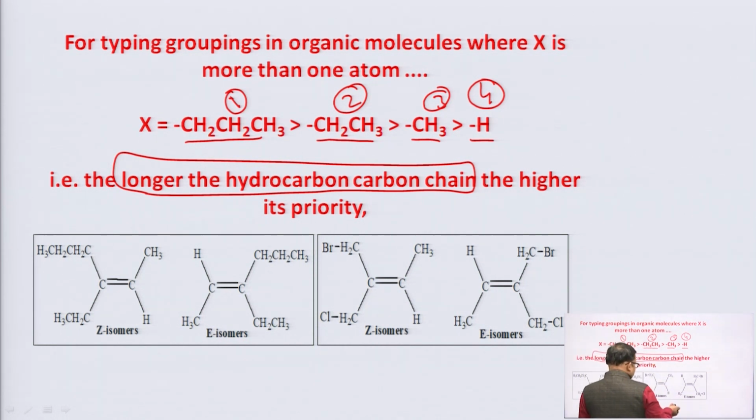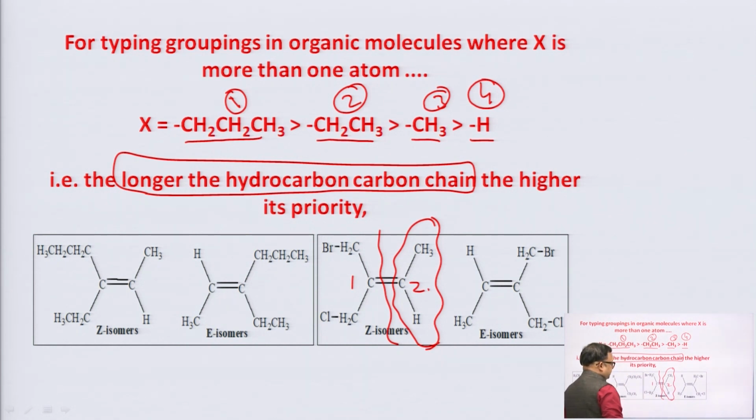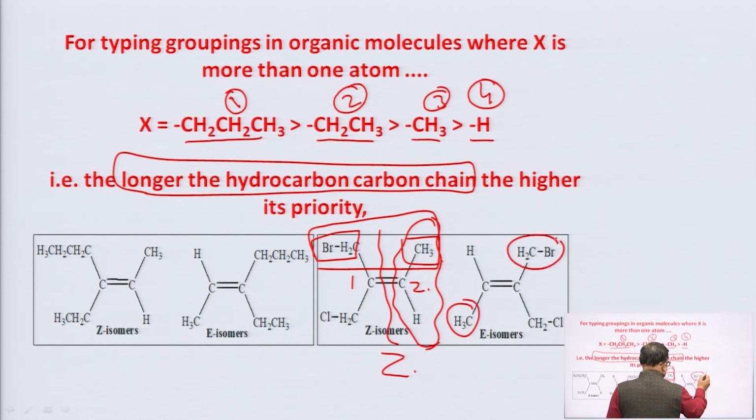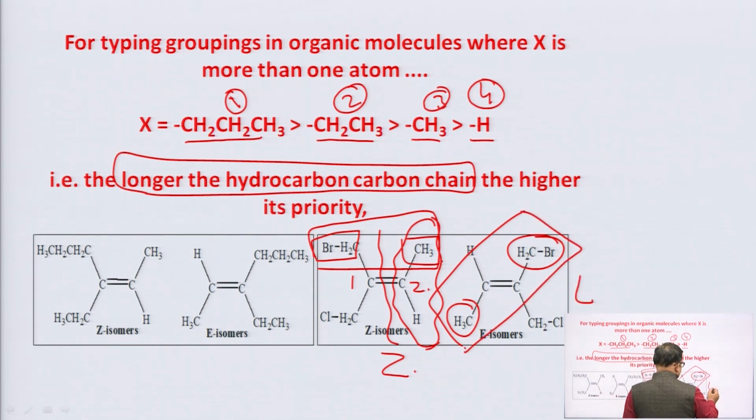See, this is an example here, designate these carbons 1 and 2. Observe this, methyl and hydrogen. This is the high priority group, and both are present on the same side. That is why we are calling it Z, but in this case the higher priority groups are present on the opposite side. So, we are calling it E.